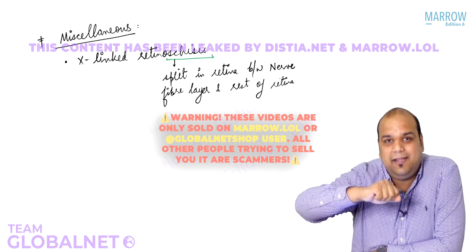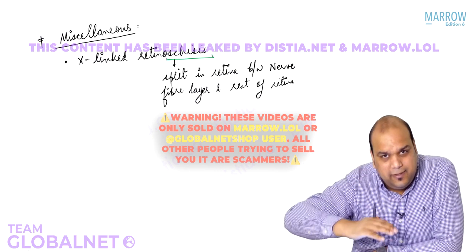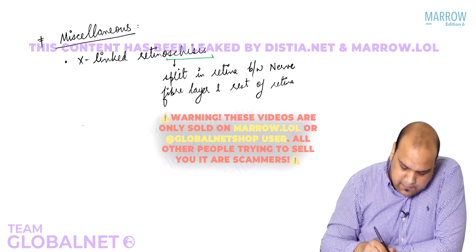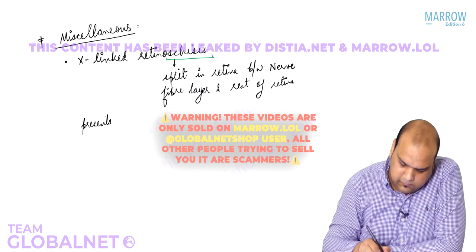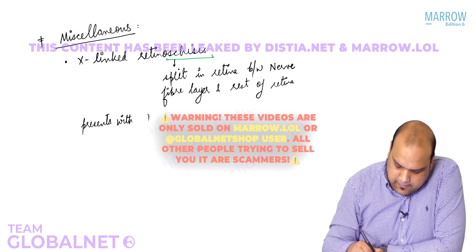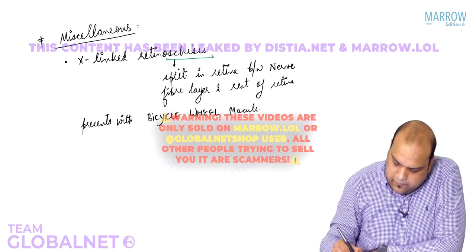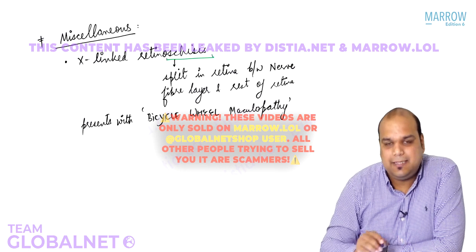So the nerve fiber layer is splitting out. The rest of the retina, everybody, is becoming split again. Yes? Now, this presents with, remember this name? Bicycle wheel maculopathy. Straight question can be asked, guys. Bicycle wheel maculopathy. That's it.